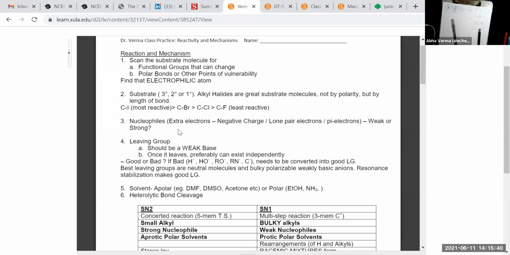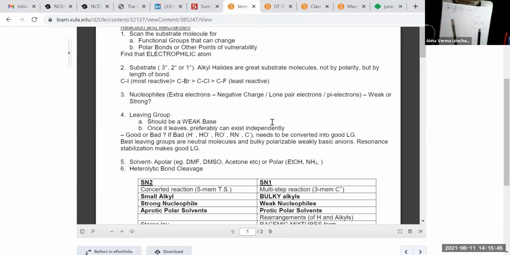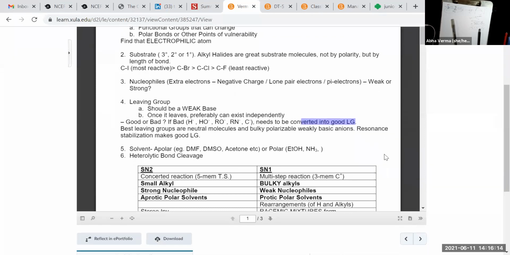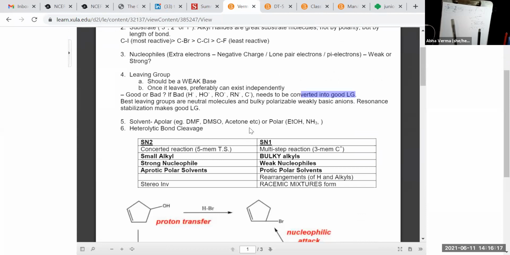Nucleophile, what kind of a nucleophile do you have? Do you have a negatively charged nucleophile, or a nucleophile which only gives you lone pairs, which are neutral nucleophiles? Then the leaving group on your substrate should be a good leaving group. What are examples of bad leaving groups? The ones with H negative, OH negative, RN negative, C negative. These need to be converted into good leaving groups. Solvents.